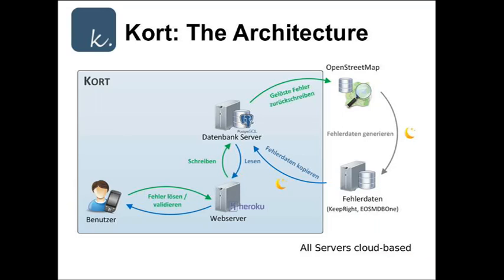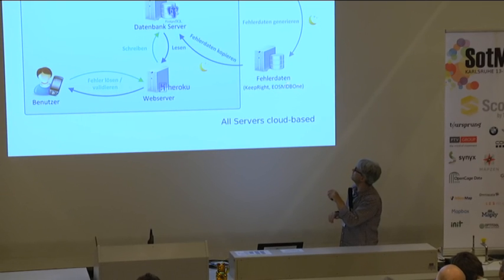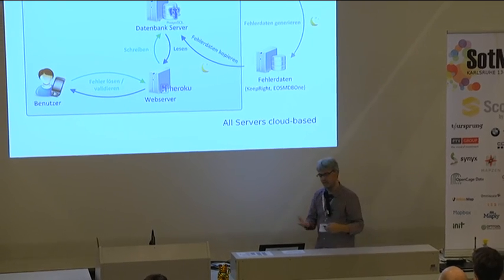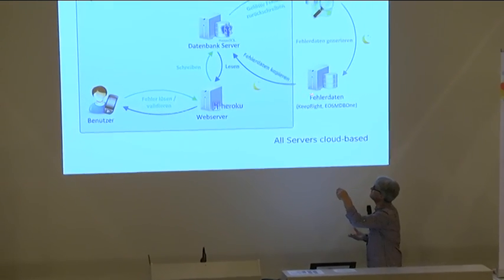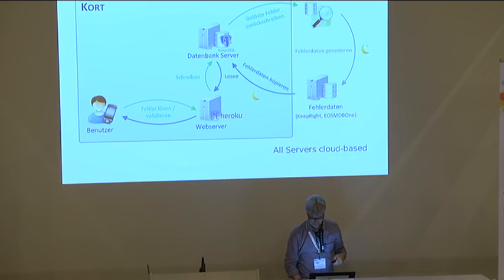And on a daily basis, the OpenStreetMap database is being extracted by KeepRight, a separate project, independent of the Kort game. And this KeepRight, for example, or another database I'm running in my institute, collects possible error candidates, which feed the server again with new errors. And everything is cloud-based.